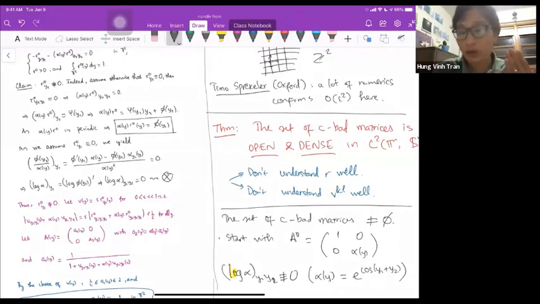Because of choosing it this way, it's not just dependent on y1 or y2; I want it to be convoluted, related to both y1 and y2. That's good enough because it helps us prove the first claim that r naught of y1 is not 0, right? So r naught is not too trivial. That's the point.